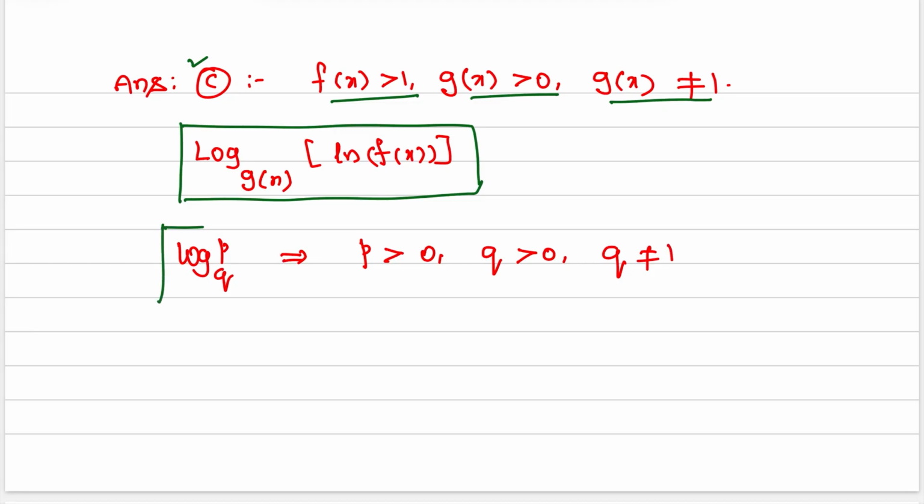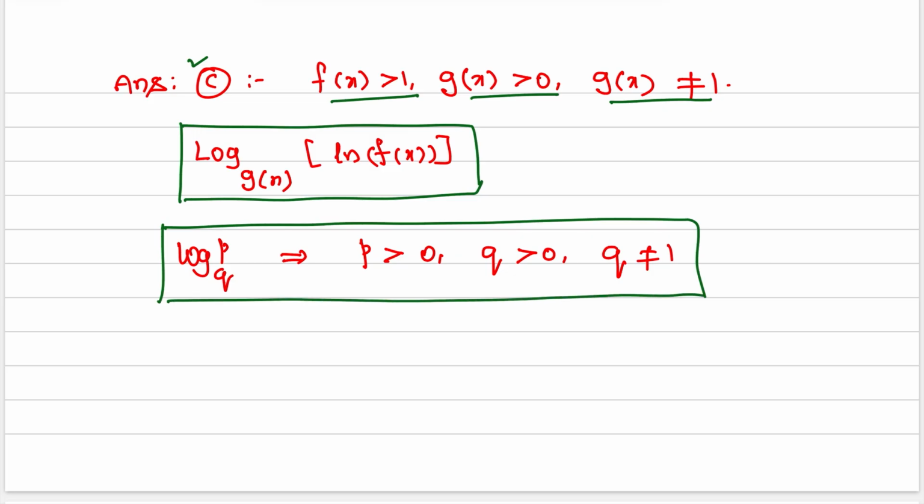From this, we derived the above problem. Function x is greater than 1 because a natural logarithm is embedded within the regular logarithm.